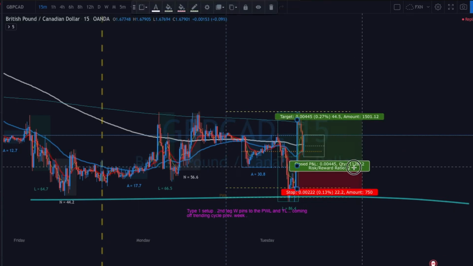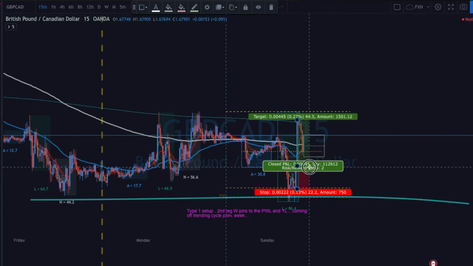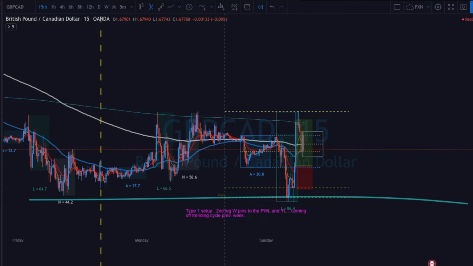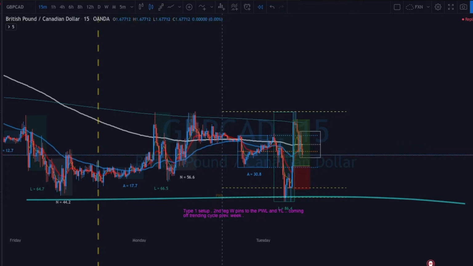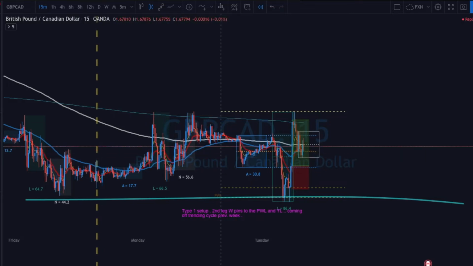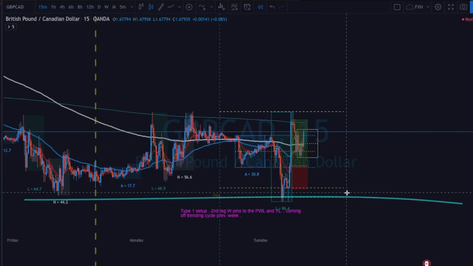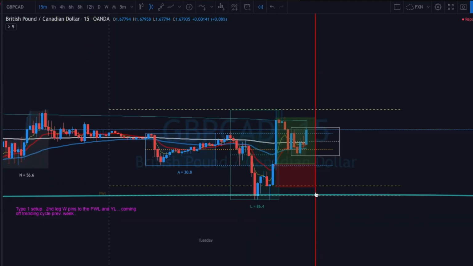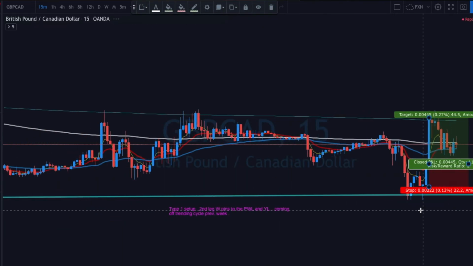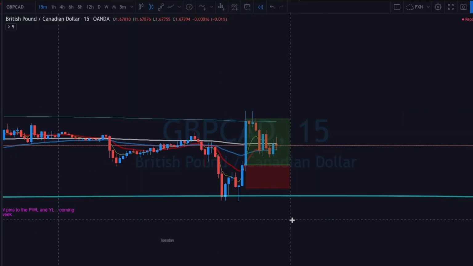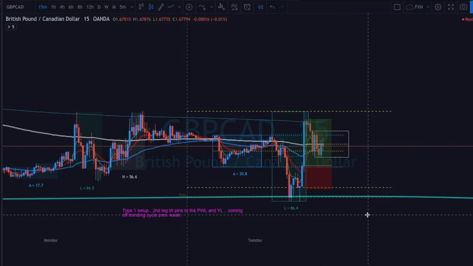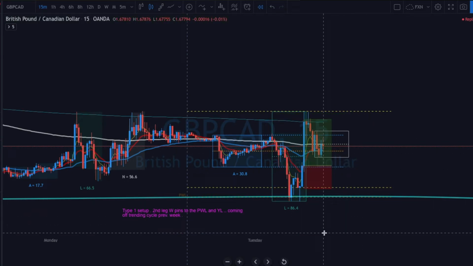Okay, so let me minimize this, so you already have one trade set up there. And now, look, you're playing this. Where are you at this particular point in time? It's 9 o'clock, we're starting the US session.